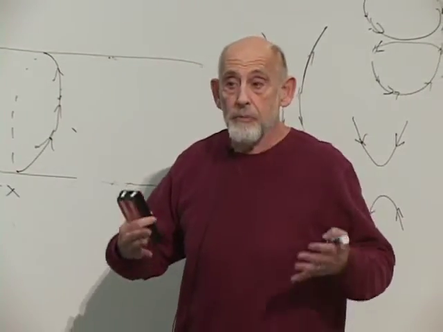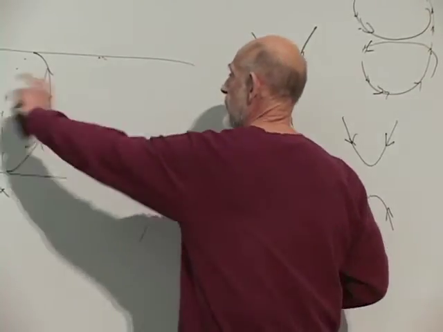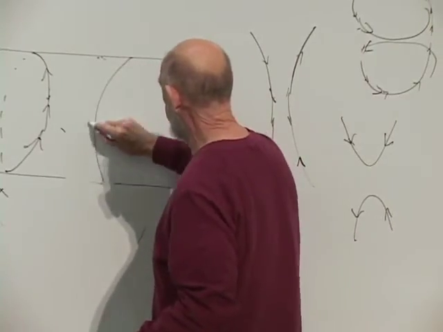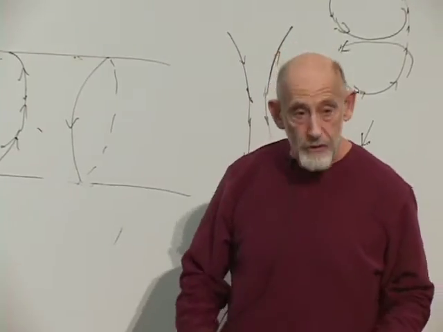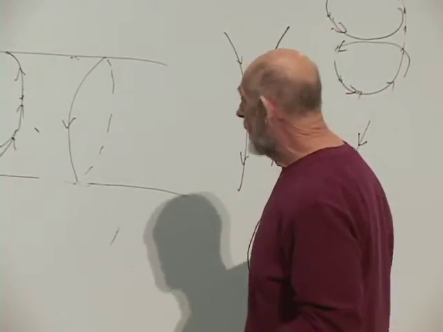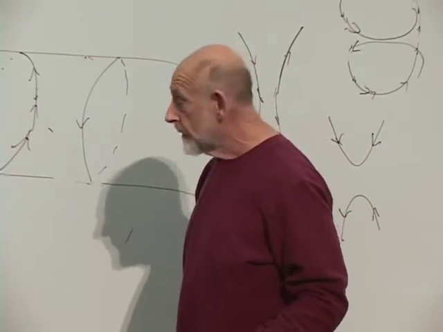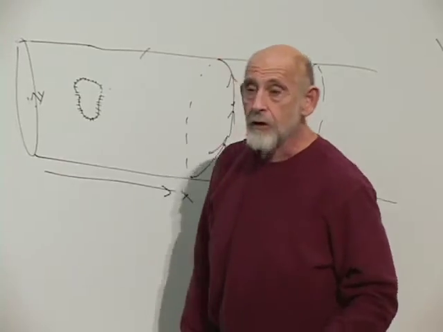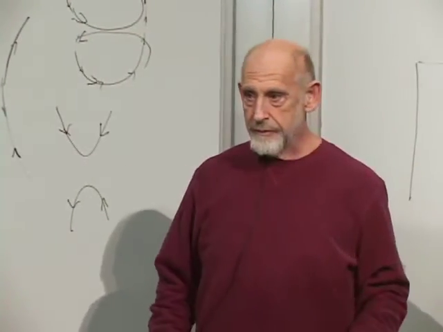The winding number is +1. If I have another one, forget this one for the moment, just throw it over on the side. We have another one which is wound this way, that has winding number -1. The two together have winding number 0. This has winding number 0, it's not wound around at all. So what's preserved is winding number.